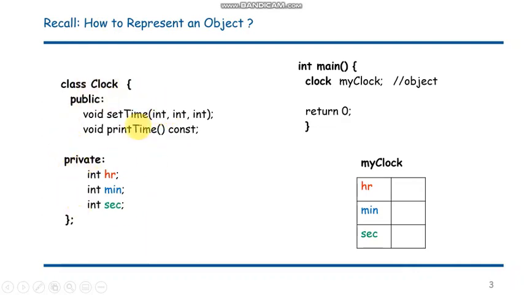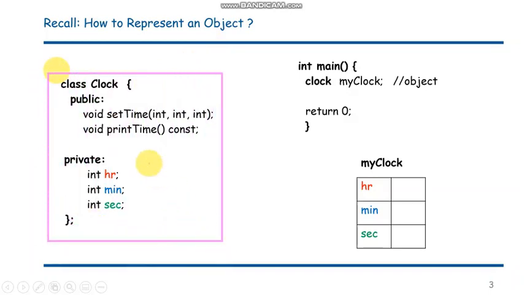You recall that in our previous lecture, we represented an object, time, and out of that, we were able to create a class, and we called that class clock. We then looked at the behavior of member functions or members that are under public.